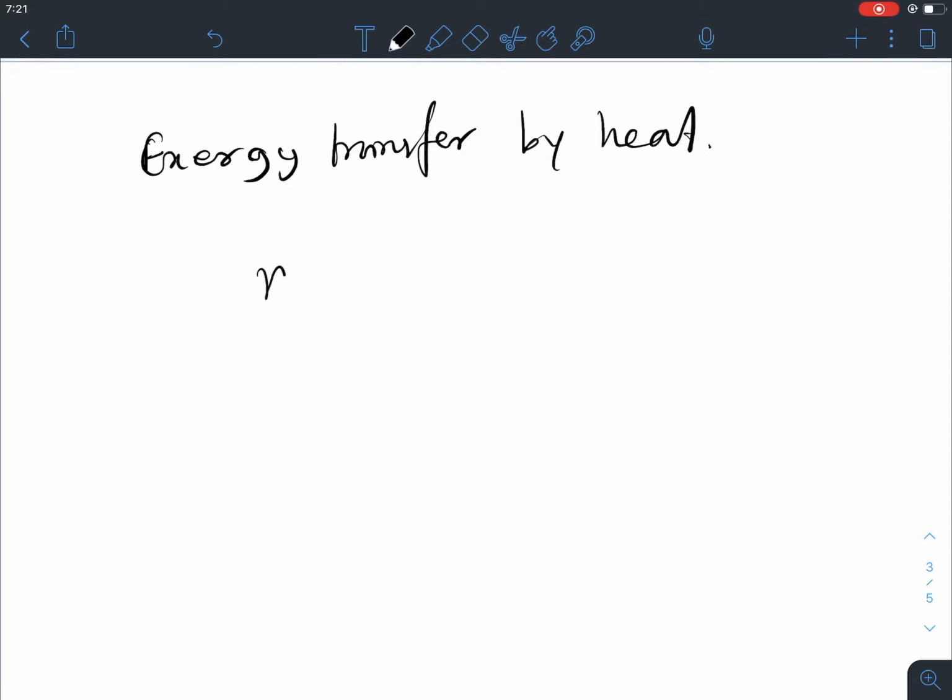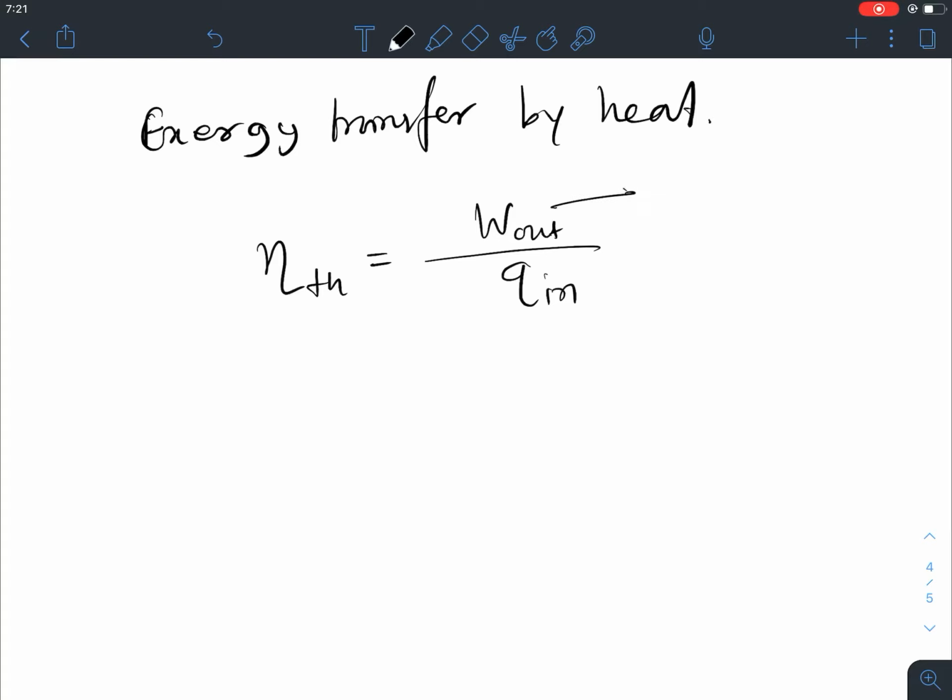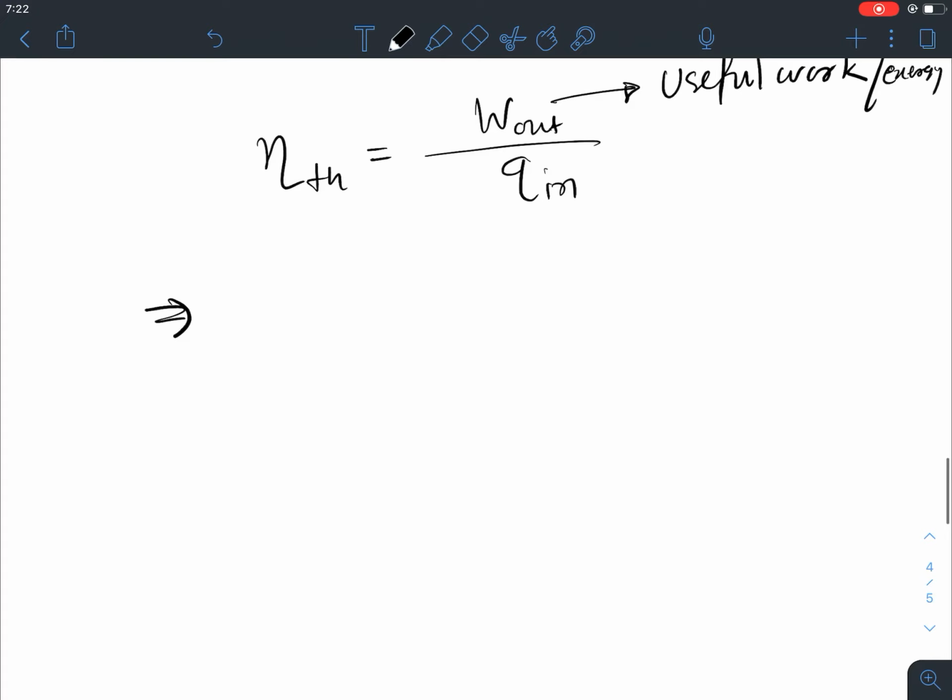From the thermal efficiency definition, I'm just giving this example, the thermal efficiency expression, we know that W output divided by Q in, right? So this is the expression. However, this W output is nothing but the useful work, which is also exergy, right?